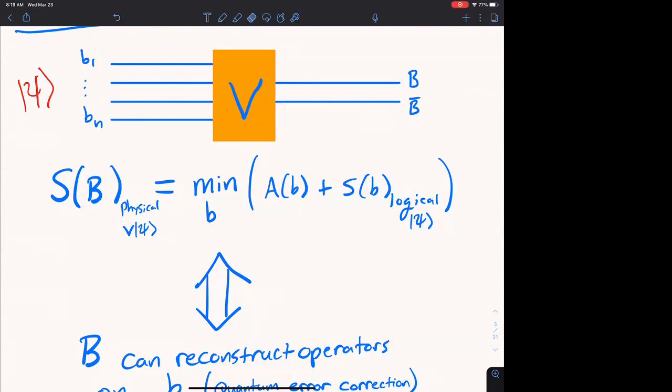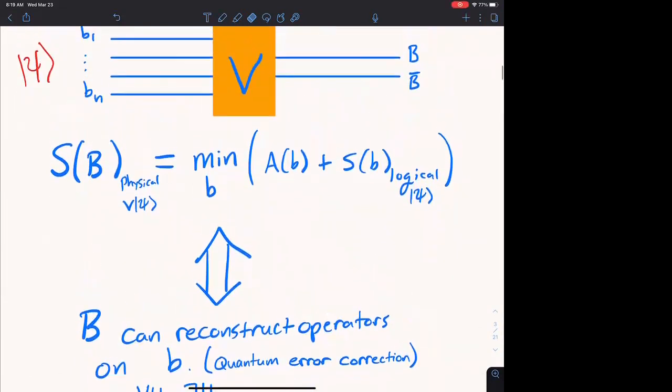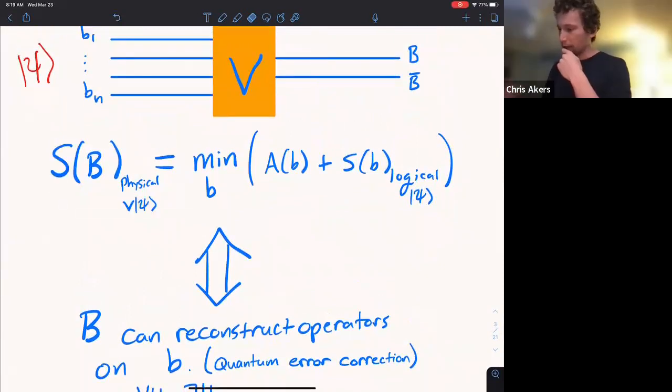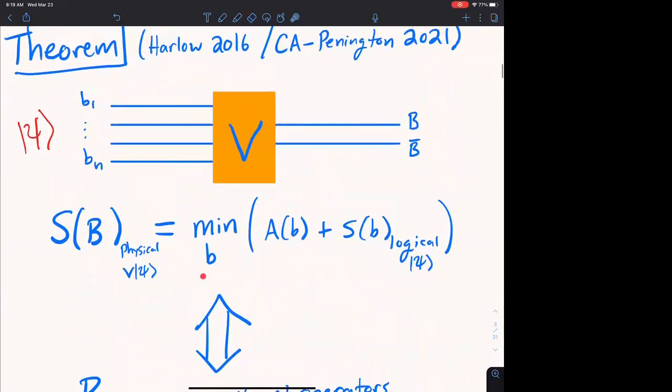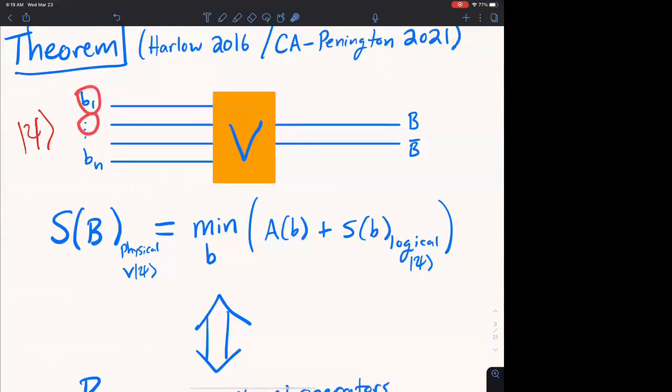Thank you. What's being minimized in the expression below the picture? You're minimizing over the choice of B, where all those choices are the combinations of these different b_i.